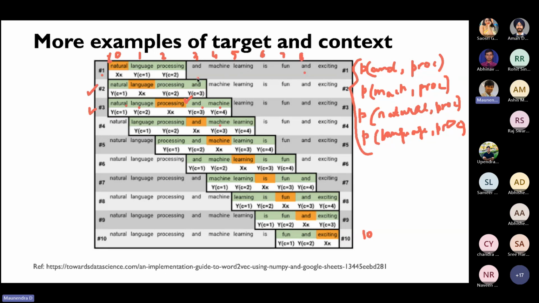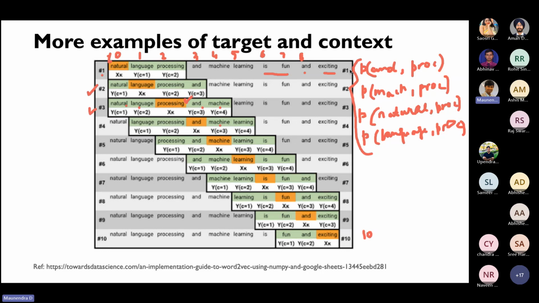Now see that "and" was there at small t equal to 3 also, but these two are different, because here "and" has "is fun" as the left context and "exciting" as the right context. Consider one mega document representative of the corpus where everything has been joined together. Actually we do not join them, but just for continuity of counting.